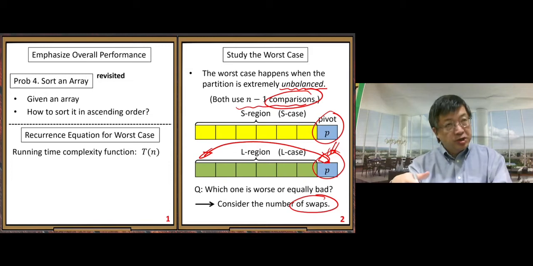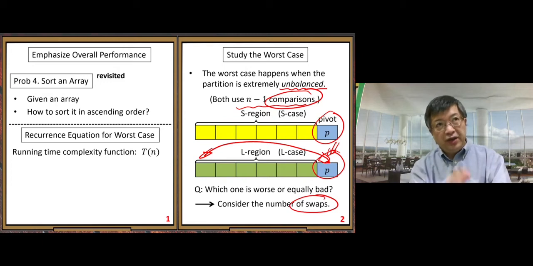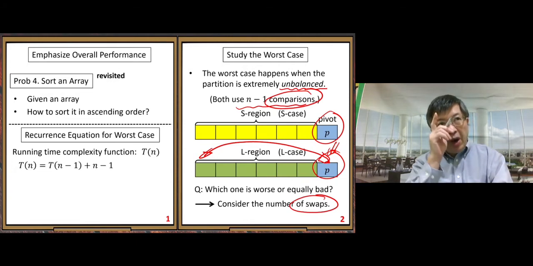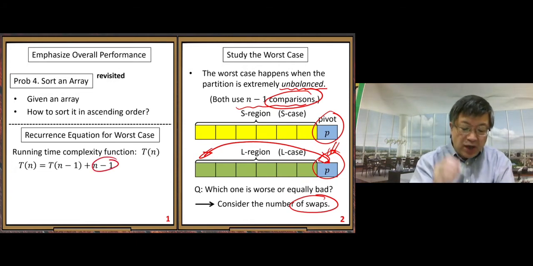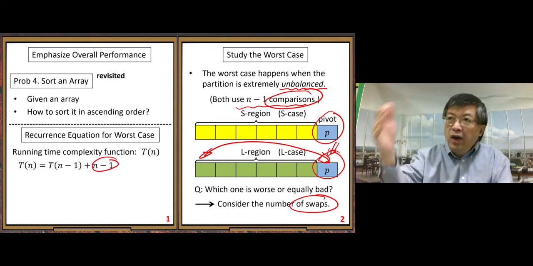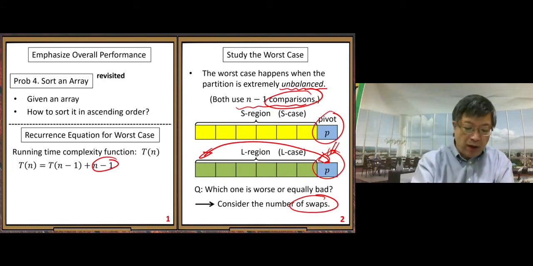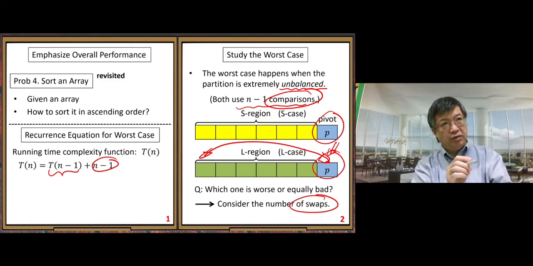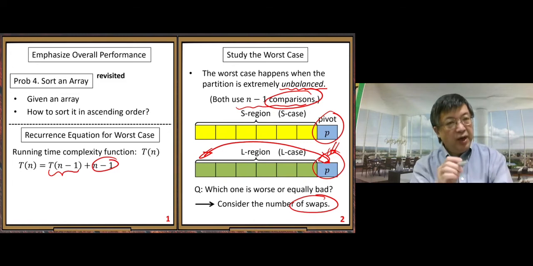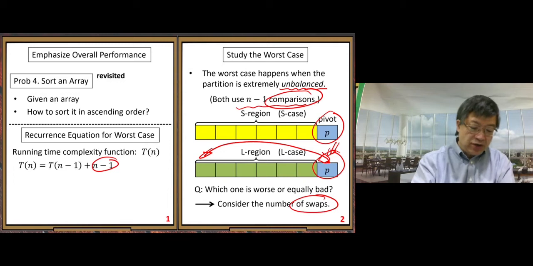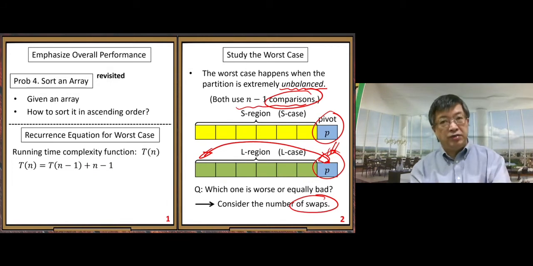Based on this extreme case partition, we can derive the recurrence relation easily. Because when we do the partition, we need to use n-1 comparisons. After that, we only reduce the problem size by 1. So when we call the recurrence function, the size is only reduced by 1, T of n-1. So this is the recurrence equation.